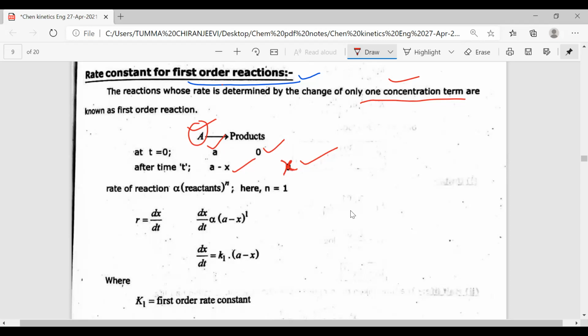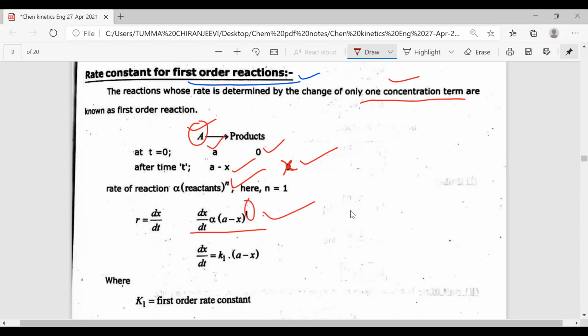That is a minus x. We know that the rate is directly proportional to the reactant, so we write the rate, that means dx by dt, is directly proportional to the concentration of the reactant, that is a minus x.